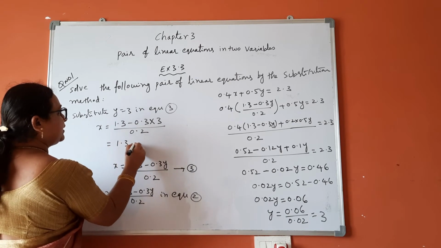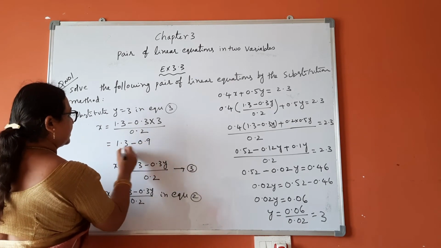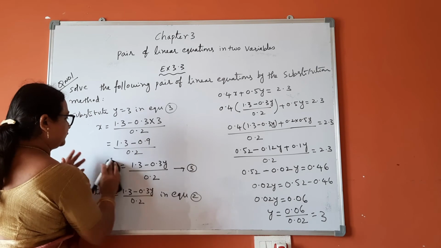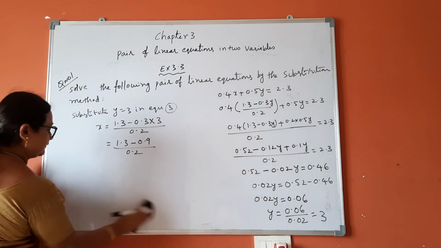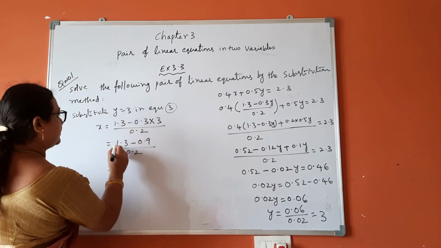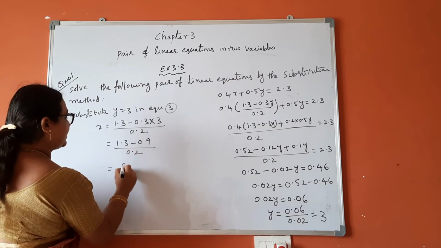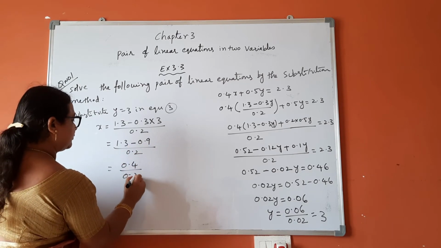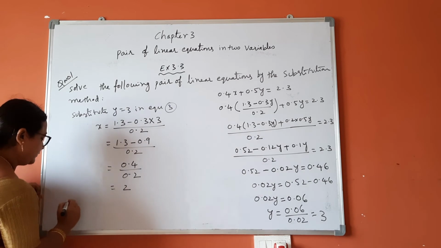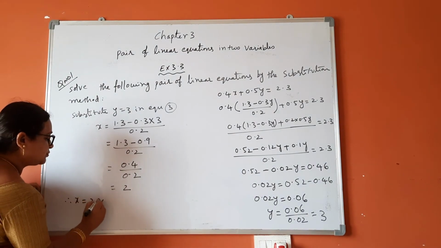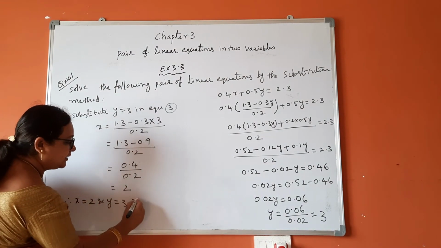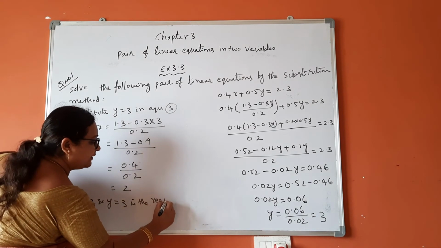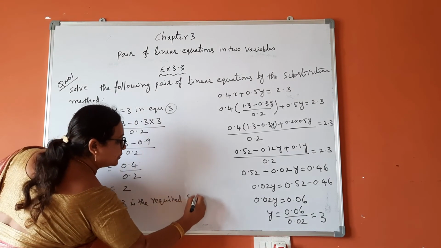So (1.3 minus 0.9) by 0.2. 1.3 minus 0.9 is 0.4 by 0.2, that is equal to 2. Therefore, x is equal to 2 and y is equal to 3 is the required solution.